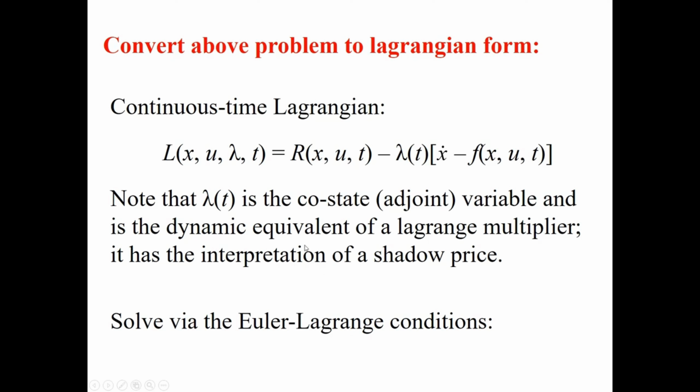The dynamic equivalent of a Lagrange multiplier is that lambda, and it's interpreted as a shadow price.